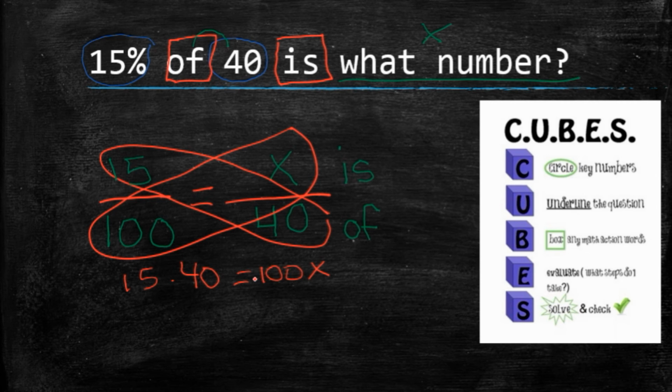So go ahead and take a moment, pause the video, and solve this proportion here. Give you just a minute. And after you solve that, you should get x equals 6. If you did not get x equals 6, go ahead and raise your hand and I will come and help you. But go ahead and solve that.